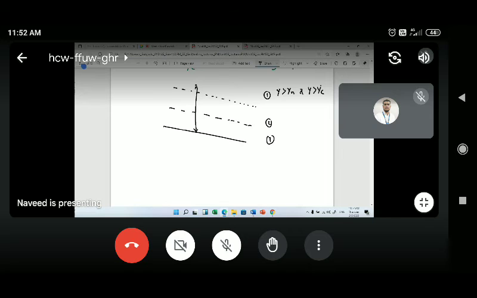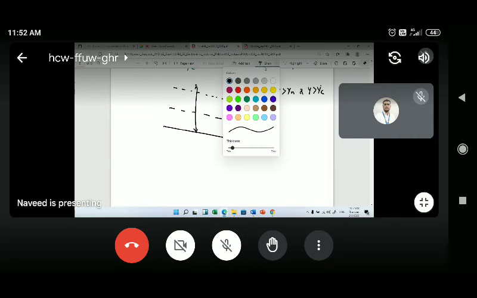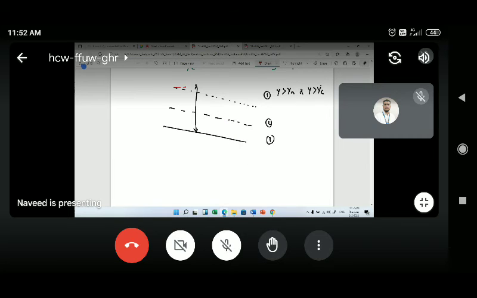So both values are positive. Taking tangential to that, I will take another color, red. It will be rising in the direction of flow. This is your M1 curve for mild slope.